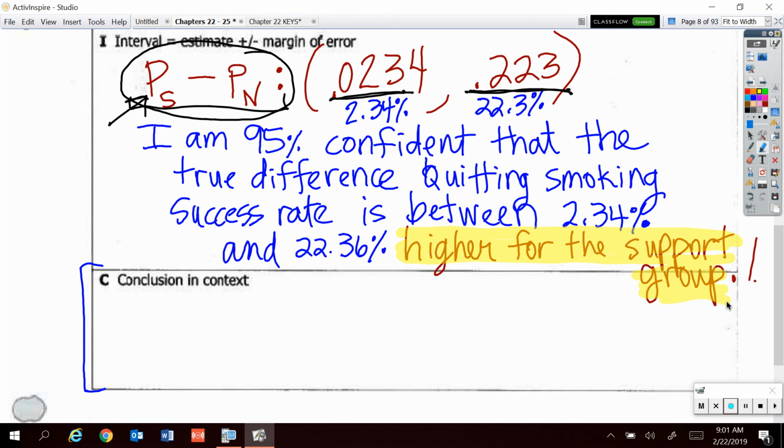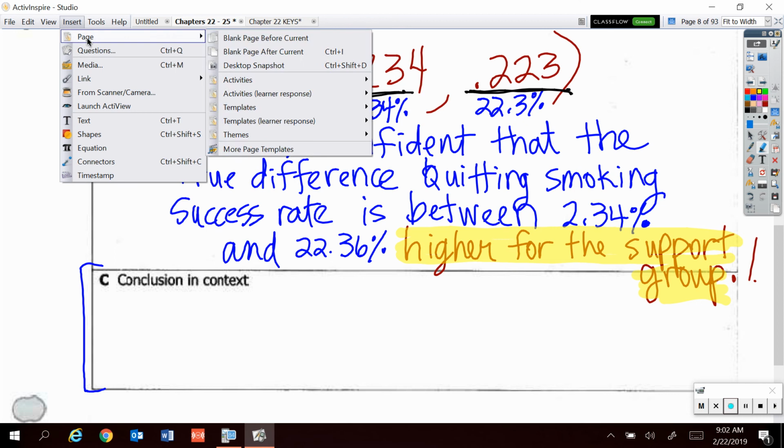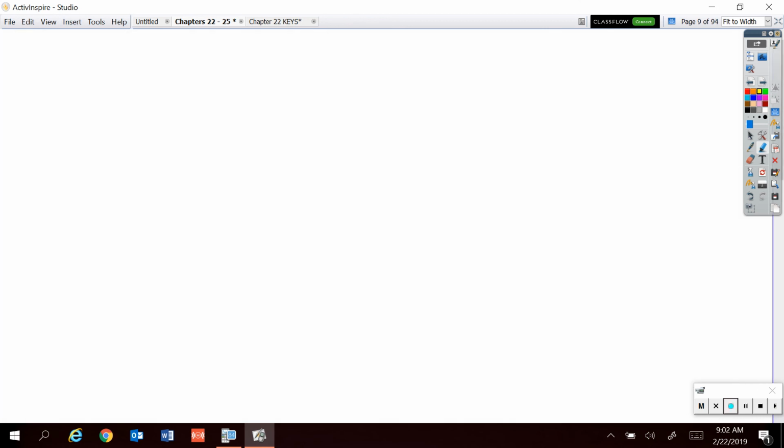Now, I want to just flip that and let's say what happens, so that you are aware of this. What happens if I had P of S minus P of N, and it came out to be negative numbers.